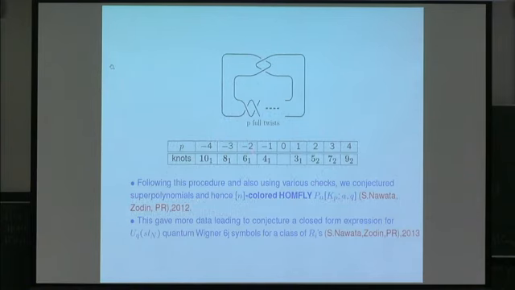So we wanted to do a similar exercise with superpolynomials, the refined Chern-Simons knot invariant. The superpolynomial for the trefoil was known, and also we knew it for the figure 8.